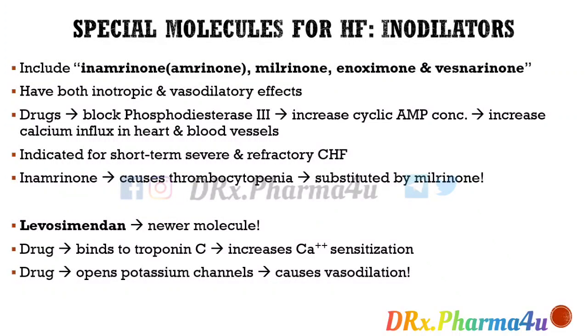That increases the influx of calcium in the heart and blood vessels, and that is exactly what we want. When the calcium influx increases, the heart muscles start contracting because calcium has a contracting property. That is usually indicated for short-term, severe, and refractory CHF. Refractory means it is not responding to most of the standard medications.